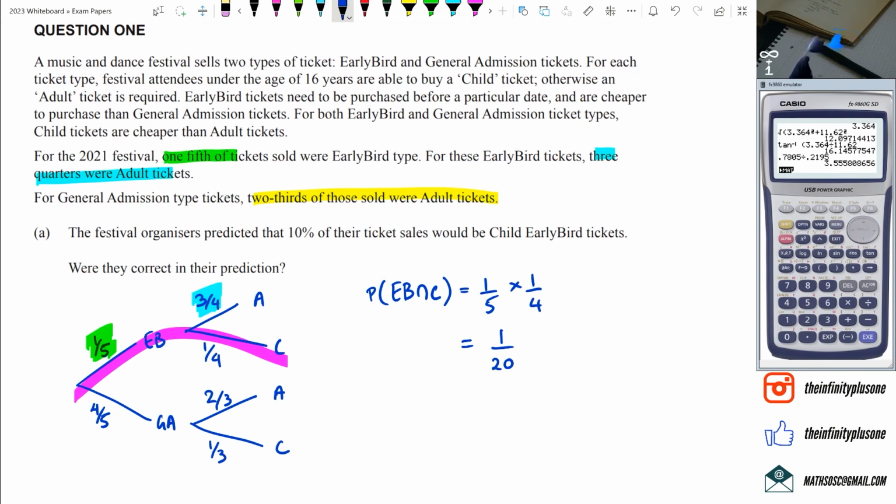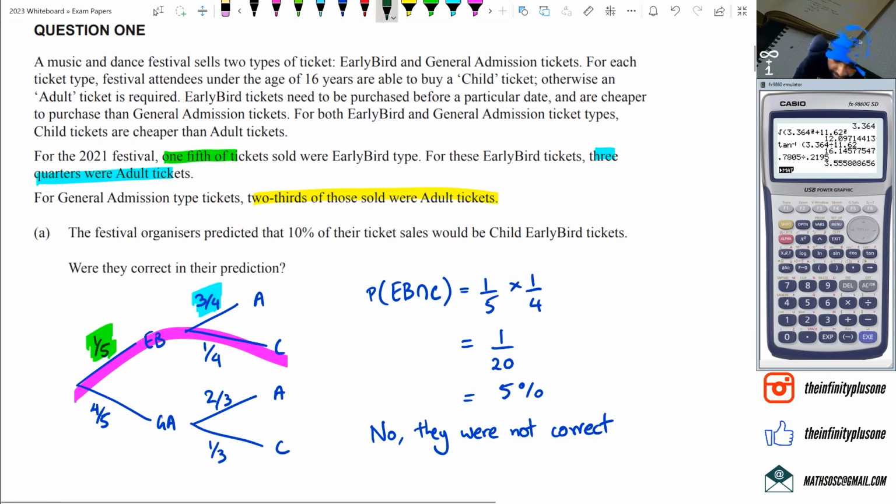That's going to be 1/20, which is 5%. So you can say no, they were not correct. And this question here is worth an achieved: correct decision with numerical support. So you've got to do both parts there.